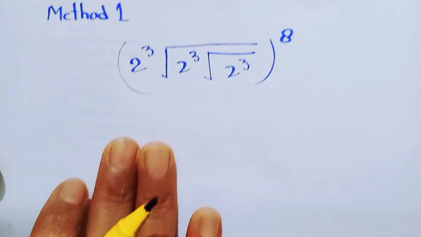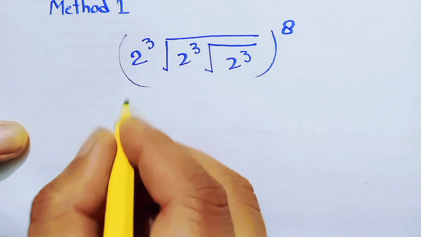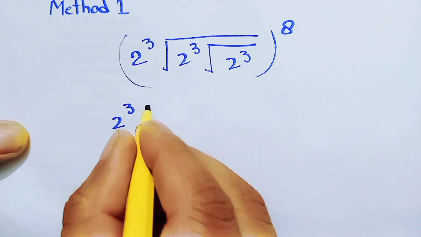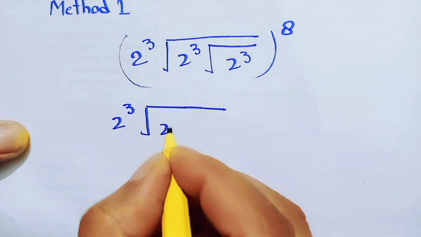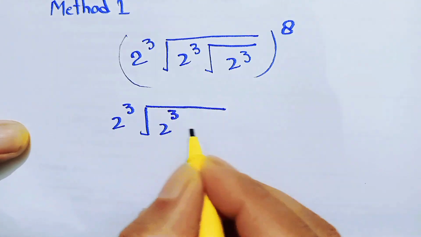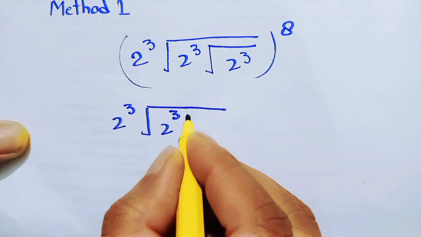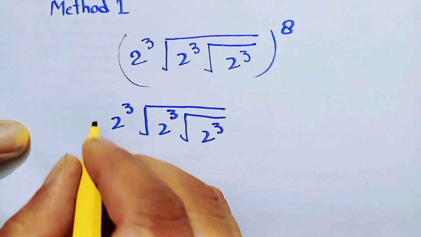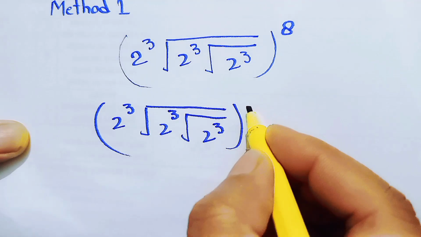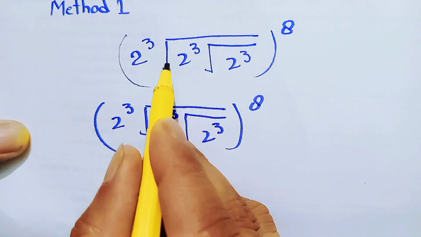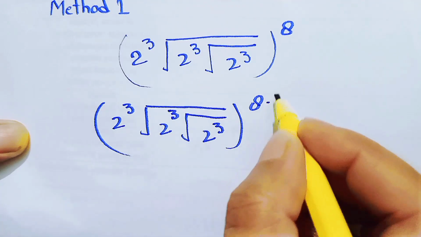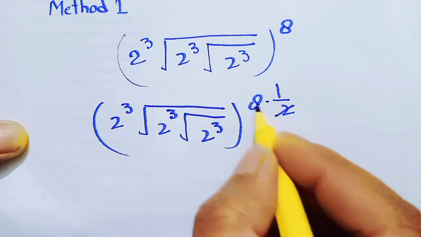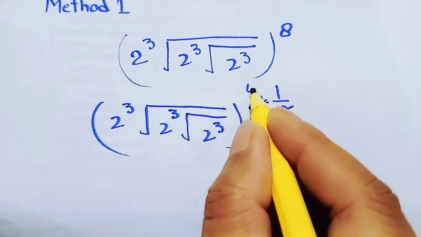Now it is 2 cube and the square root of 2 cube, and then the square root of 2 cube, and the whole to the power of 8. The square root can be written as a power of 1 over 2, and now we divide 8 by 2, which is 4.